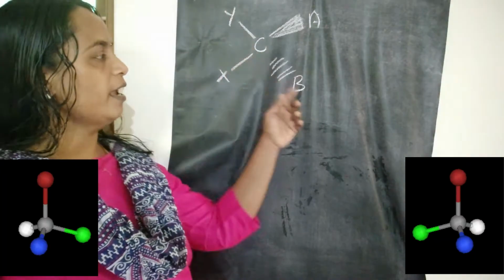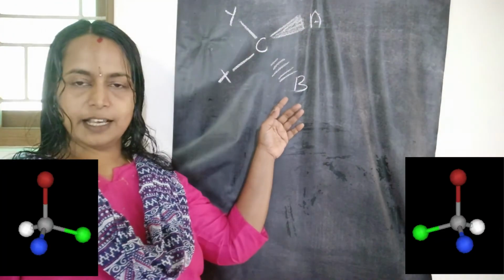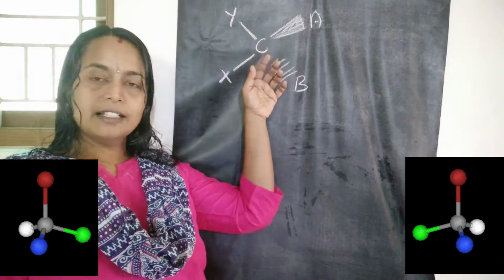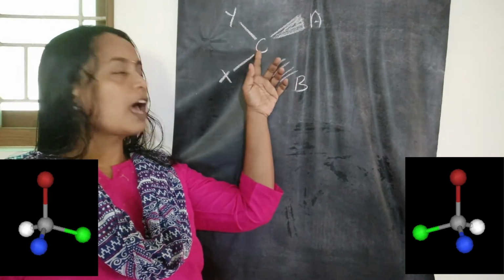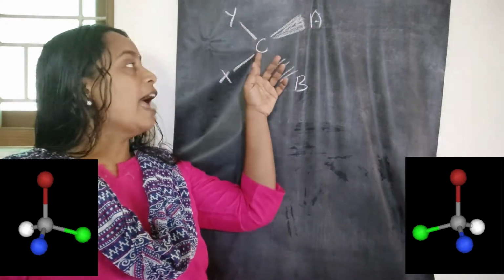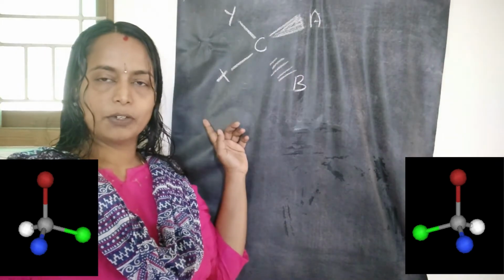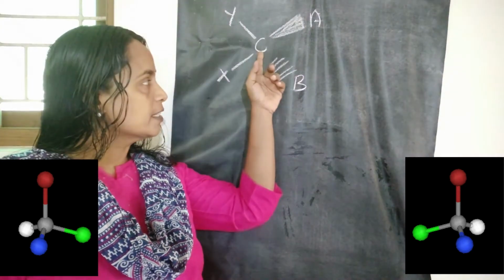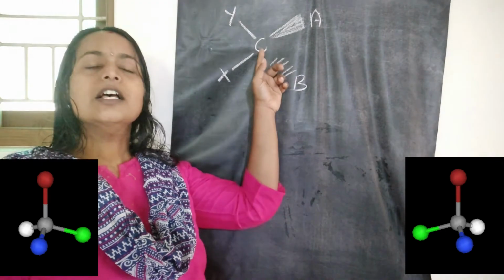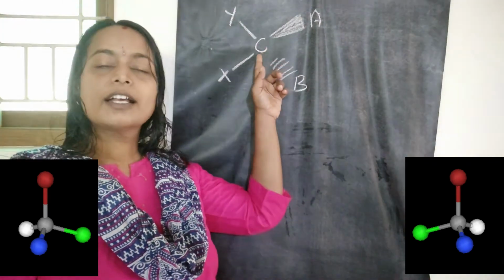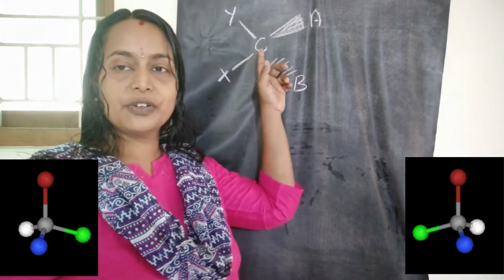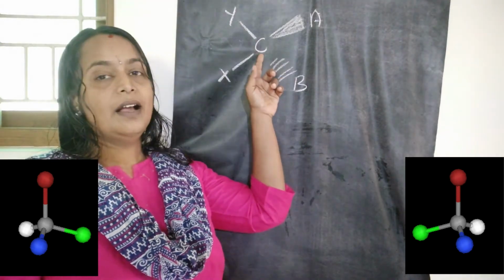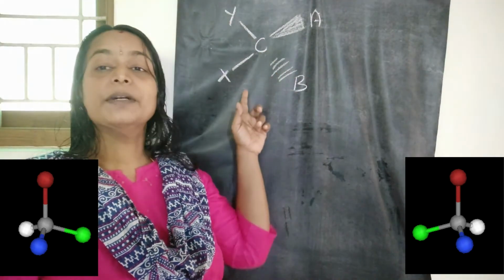If X, Y, A, B are different elements attached to this carbon, the presence of this carbon causes the optical activeness of the entire compound. And this carbon is called the stereocenter or chirality center. It shows the chirality. And this carbon is called asymmetric carbon.